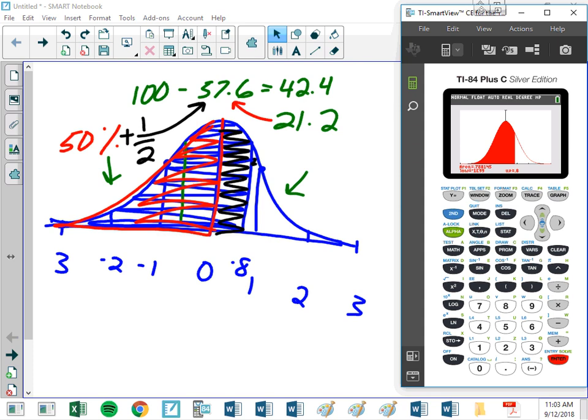And we get 78.8. Right on. You guys getting the hang of this? Okay, this is key. We will be doing this so many times over the course of the whole year. The process is the same, but the statistical information is going to change, but the process will always be the same.